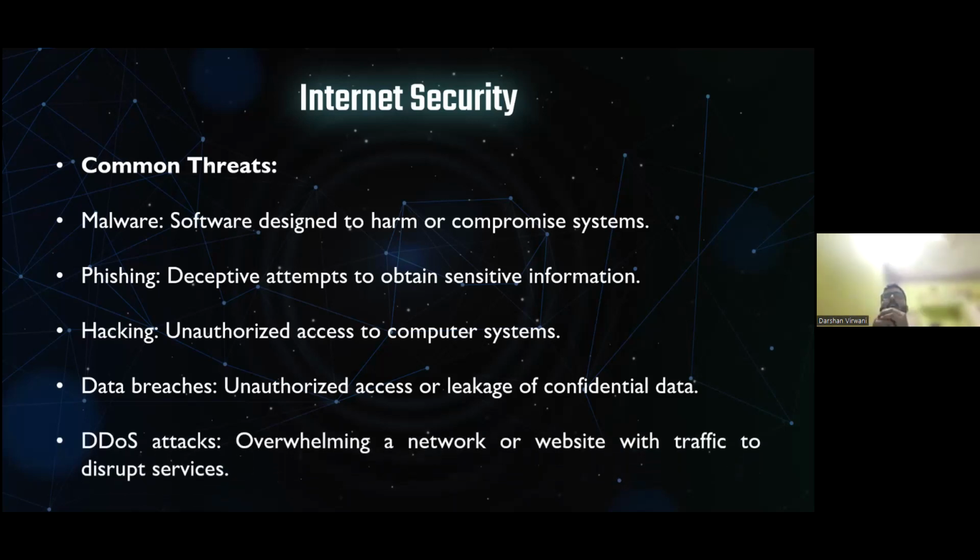Next is DDoS attack. What is a DDoS attack? DDoS means distributed denial of service attack. For example, 1 to 2 years back, when mobile phones were launching and a sale was on, when we tried to access Flipkart or Amazon, it took so much time to load, or it might not load at all. So many requests were going to that particular web server that it could not handle them. But that was legit traffic.